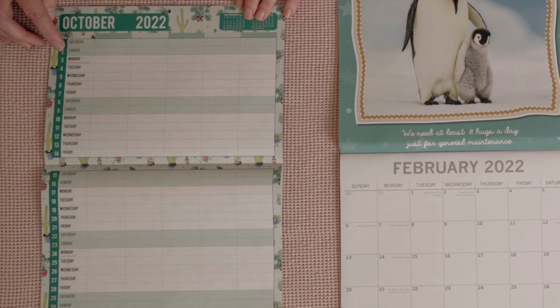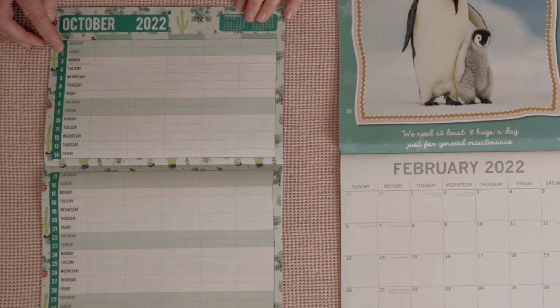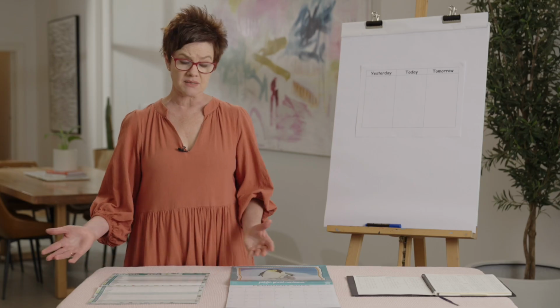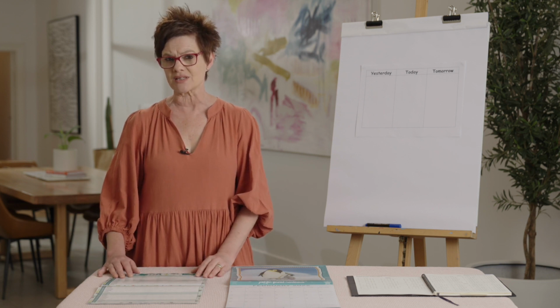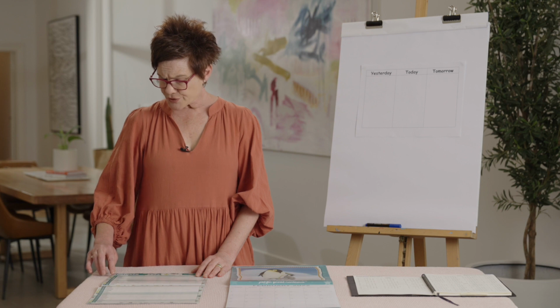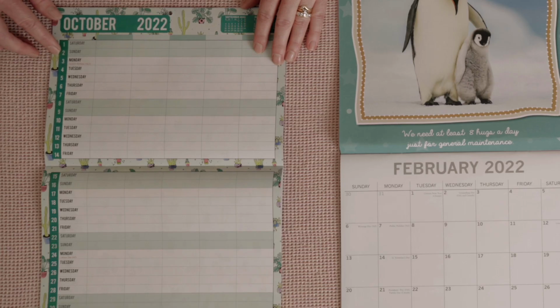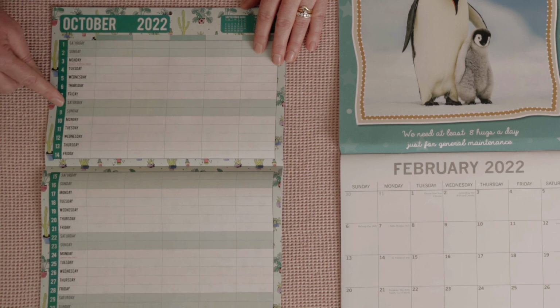When we talk about days of the week, we like to talk about Sunday being the first day. Some calendars might have a different day, but in general, we look at Sunday as the first day of the week. So remember, it goes Sunday, Monday, Tuesday, Wednesday, Thursday, Friday, Saturday.